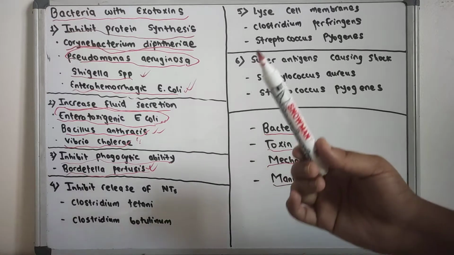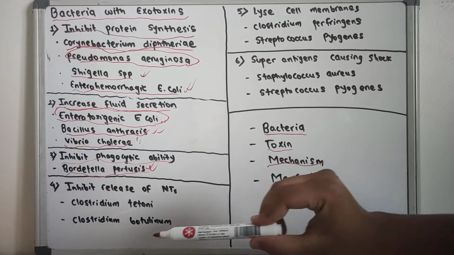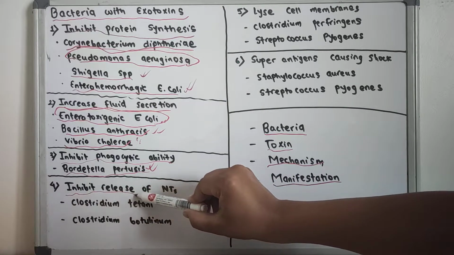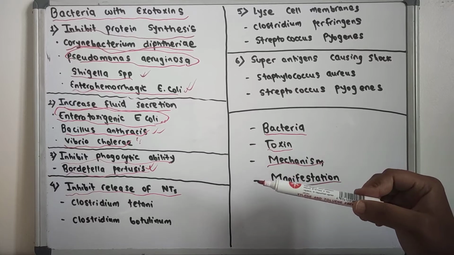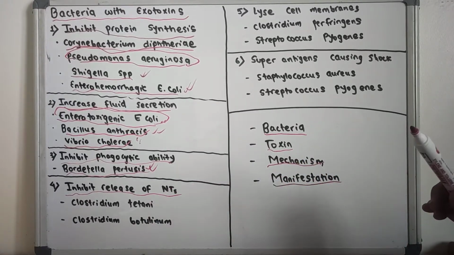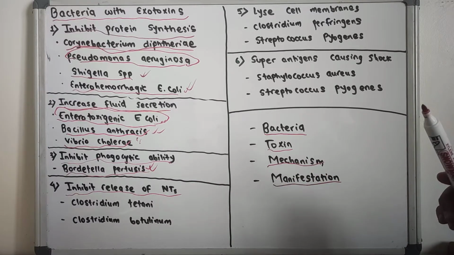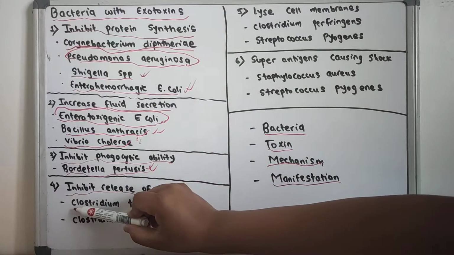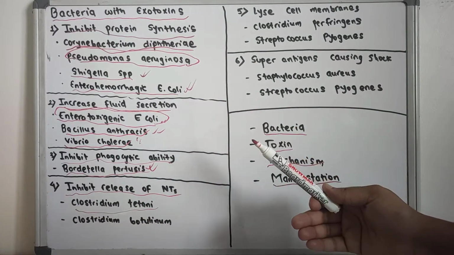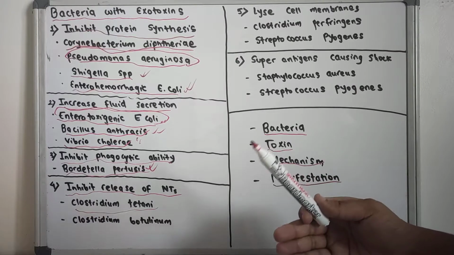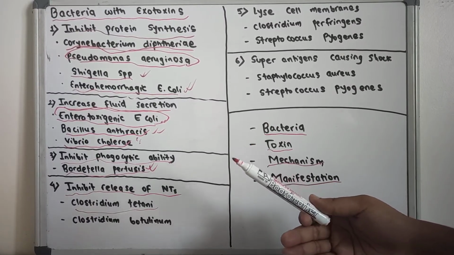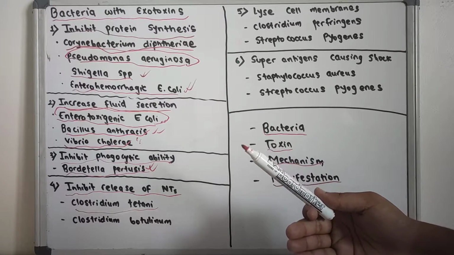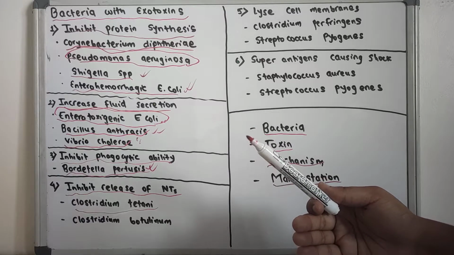Now let us talk about the toxins which inhibit the release of the neurotransmitter. Those are Clostridium tetani and Clostridium botulinum. The Clostridium tetani will release the tetanospasmin. So the tetanospasmin is the protease that cleaves the soluble NSF attachment protein receptor, SNARE.